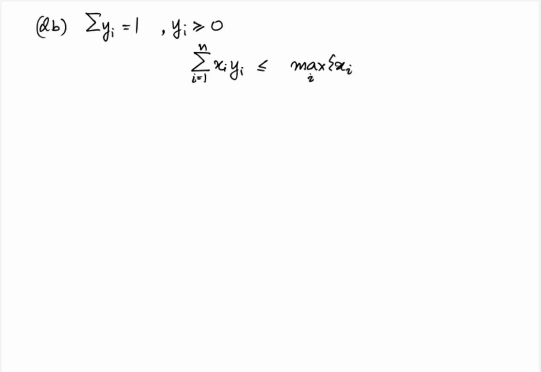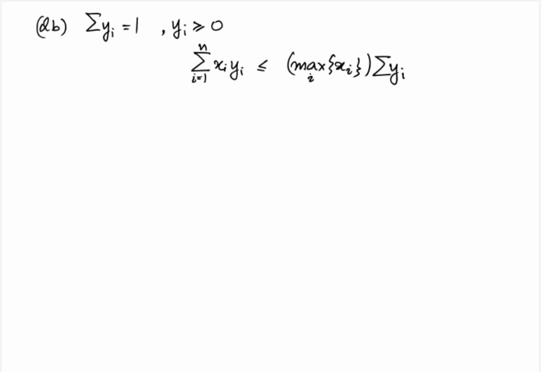This brings us to the final case where the sum of yi is equal to 1 and y has non-negative entries. In this case, consider the inequality: the sum over i of xi yi is less than or equal to max over i of xi times the sum over i of yi, which follows by upper bounding each xi with max over i of xi and then taking these terms common.